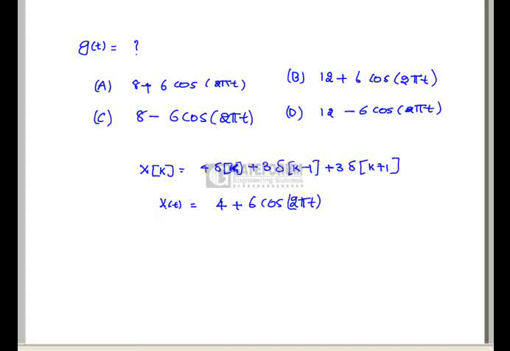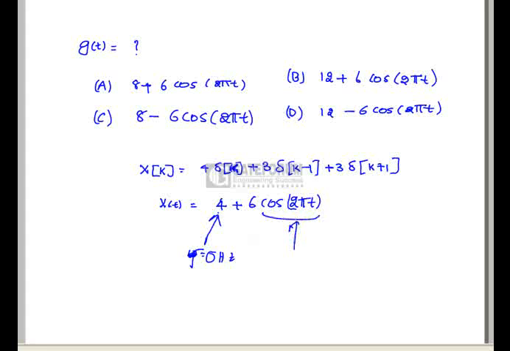If we apply this x of t to the H of s, which performs the filtering action on x of t, the frequencies present in x of t are the DC signal as well as the frequency of 1 Hz. Here for this term the frequency is 0 Hz.